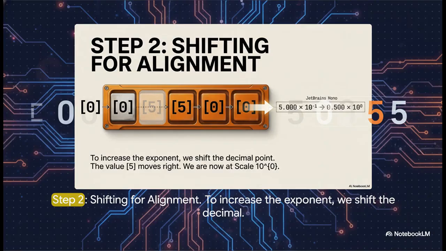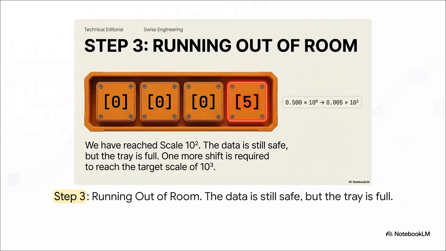So to get those exponents aligned, the computer starts shoving the decimal point of our victim number. And for every single step that exponent has to climb to match the anchor's exponent of 3, that important little digit, the 5, gets pushed one slot further to the right inside its container. And here we are. After a couple of shifts, our 5 is sitting right at the very edge in the last box of our little 4-box container.